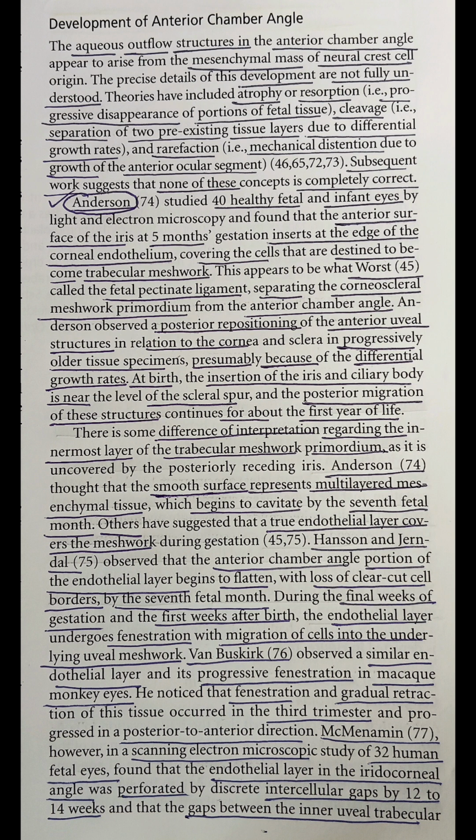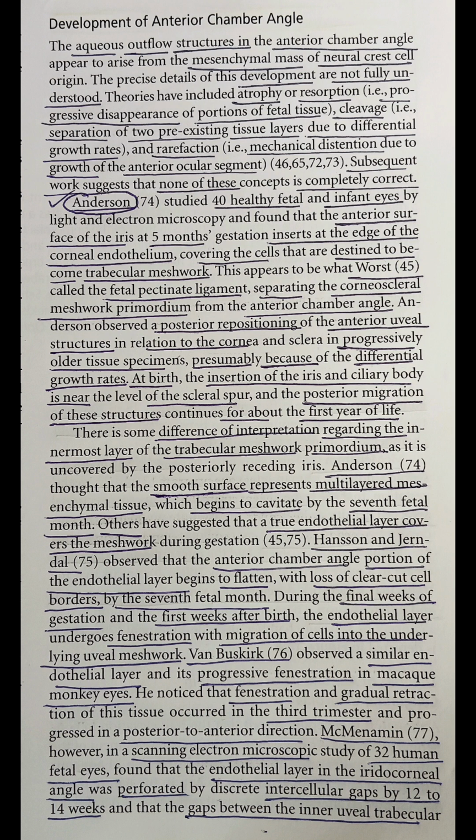The aqueous outflow structures in the anterior chamber angle appear to arise from the mesenchymal mass of neural crest cell origin. The precise details of this development are not fully understood.